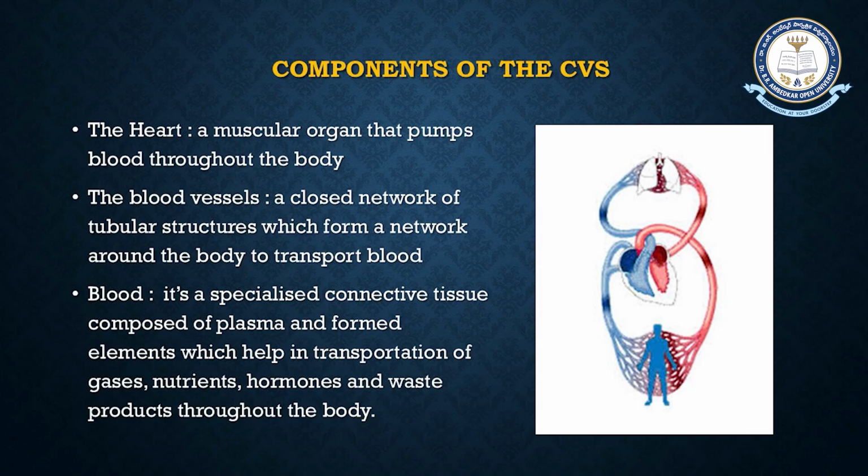Then the blood itself is a specialized connective tissue composed of plasma and formed elements, which help in transportation of substances such as gases, that is oxygen and carbon dioxide, nutrients and hormones across the body. It also helps in eliminating waste products from the body.